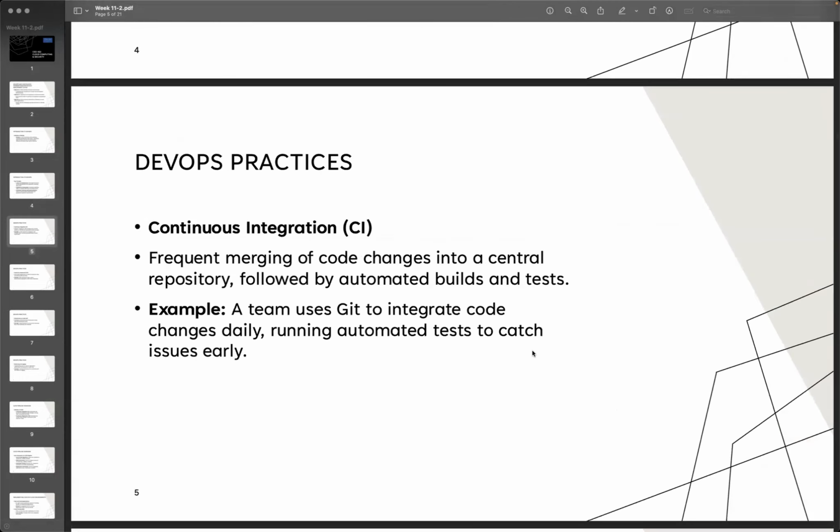And we need to develop the DevOps practices. The first is CI, continuous integration. This is the frequent merging of code changes into a central repository, followed by automated builds and testing.